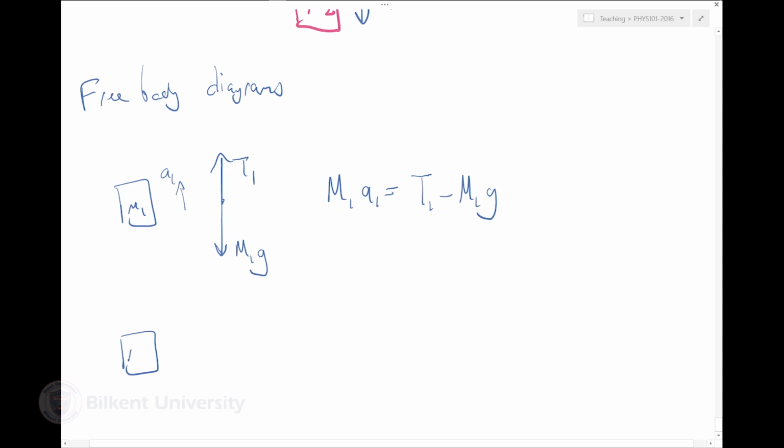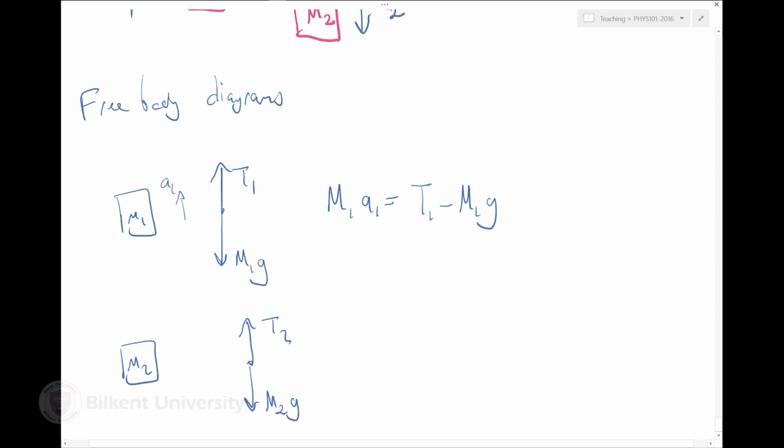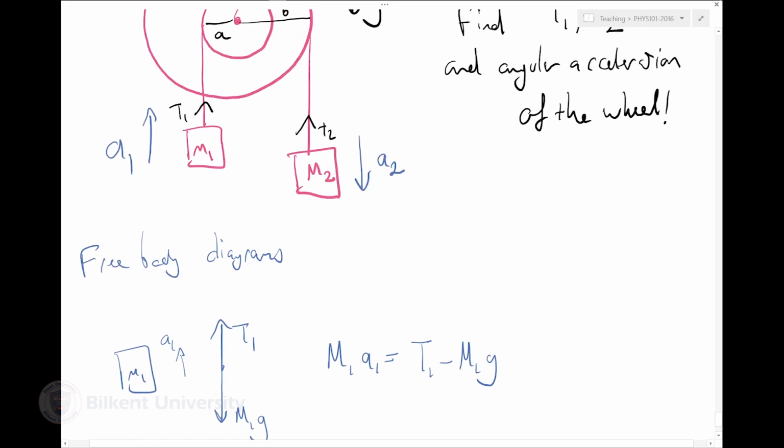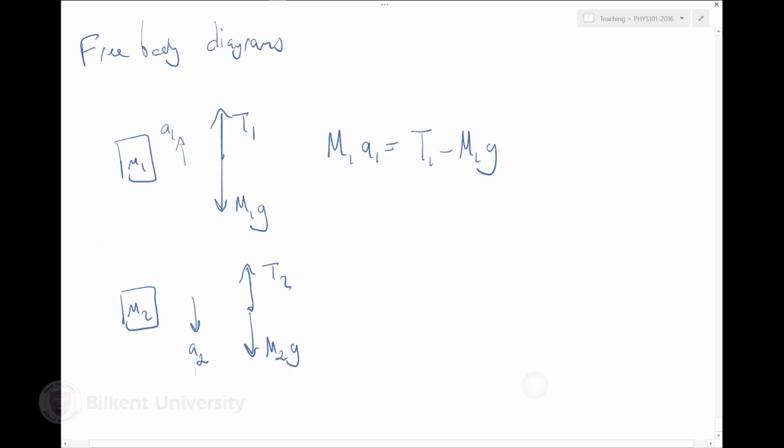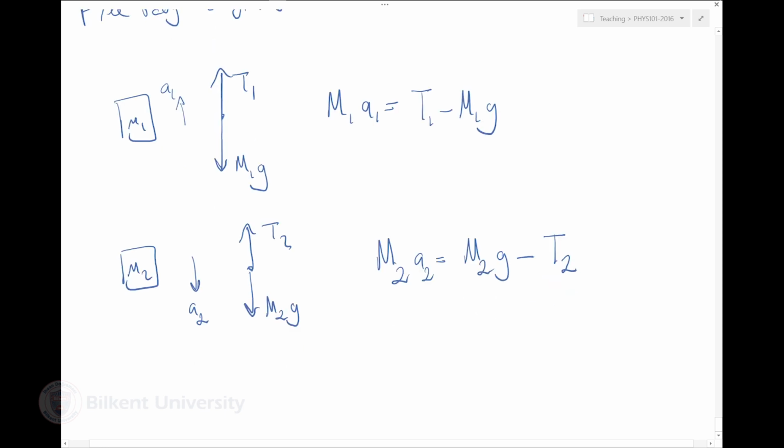How about M2? M2 is being pulled up by T2. It's pulled down by M2G, its weight, and it's accelerating down with A2. So M2 times A2 is M2G minus tension 2.